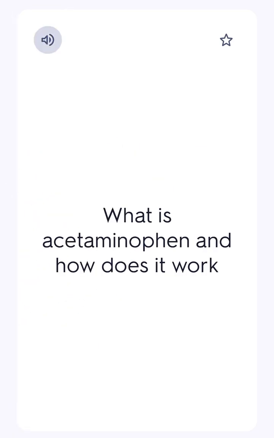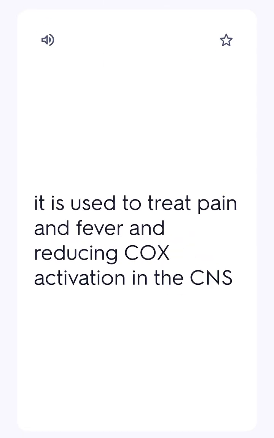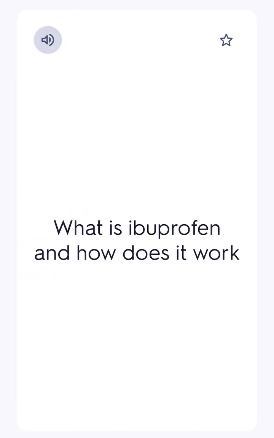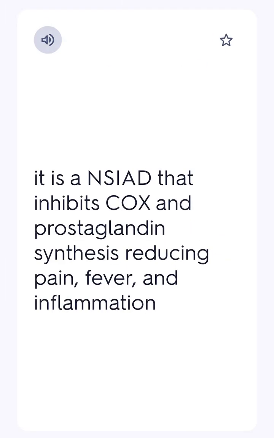What is acetaminophen, and how does it work? It is used to treat pain and fever by reducing COX activation in the CNS. What is ibuprofen, and how does it work? It is an NSAID that inhibits COX and prostaglandin synthesis, reducing pain, fever, and inflammation.